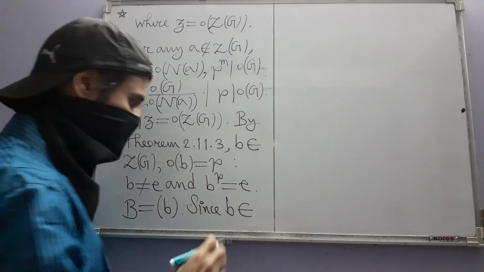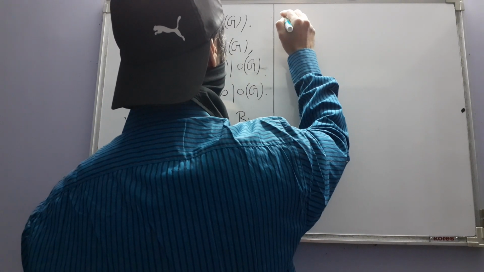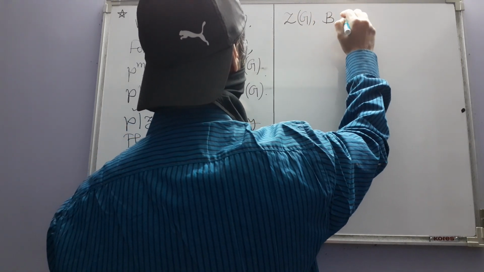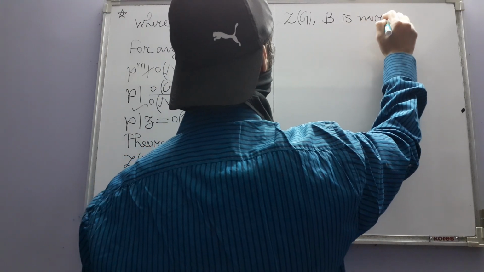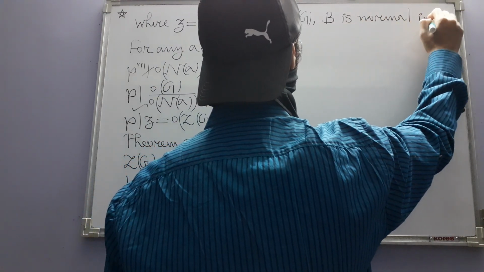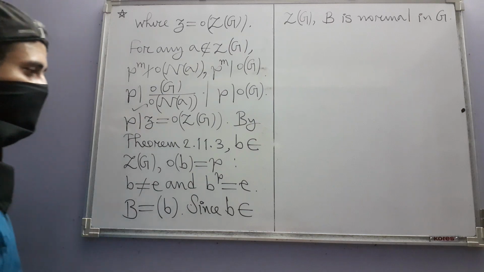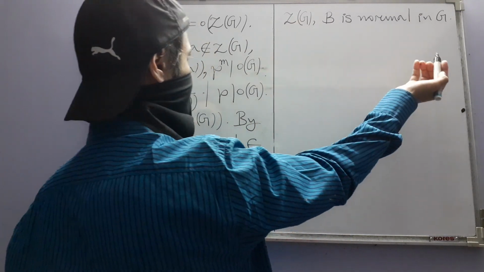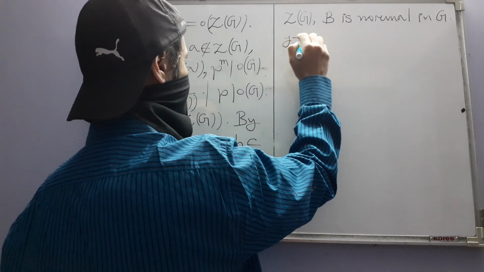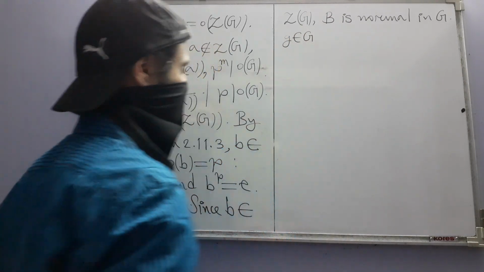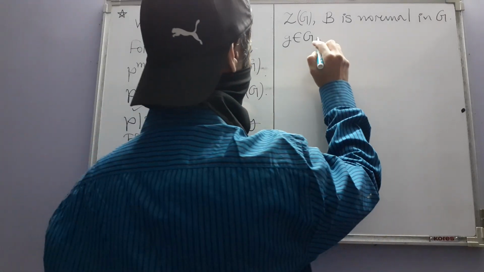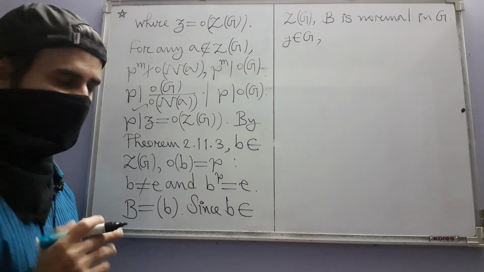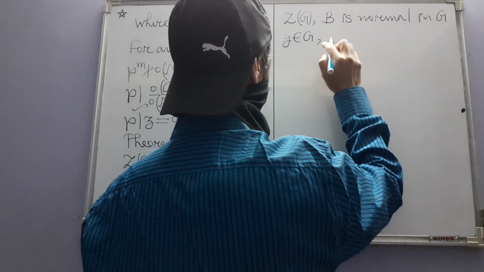Why? Since B belongs to the center of G, B is normal in G. This is rather easy because, what do we need to prove normality? You take any element g from the bigger group, and any element from B, which will be some power of B with integer exponent, of course.